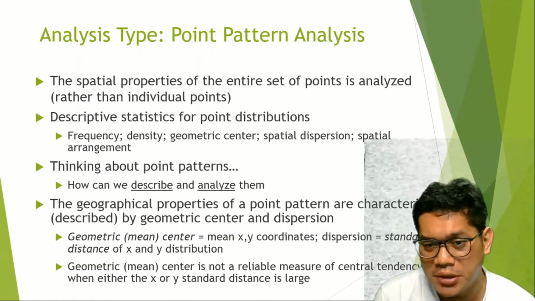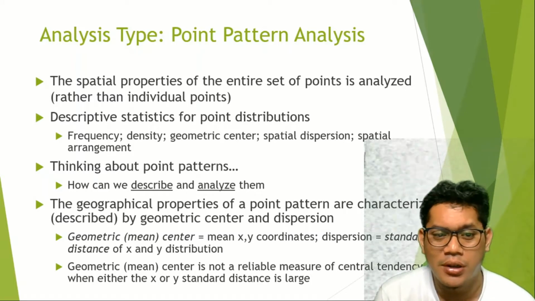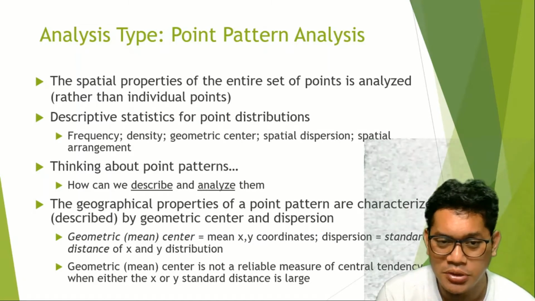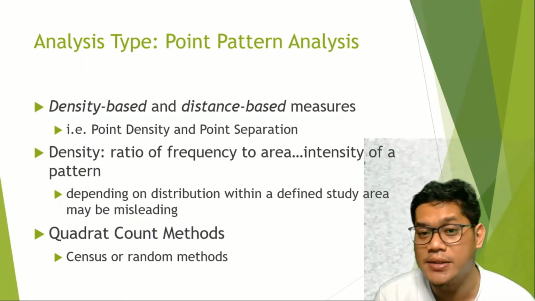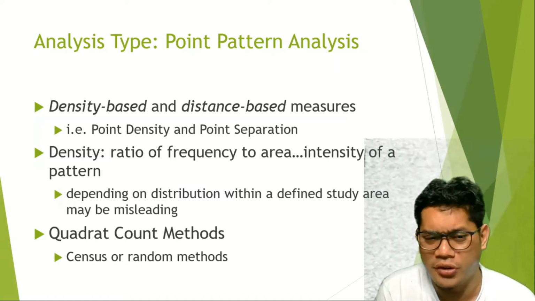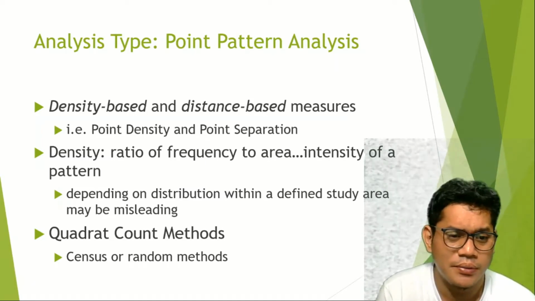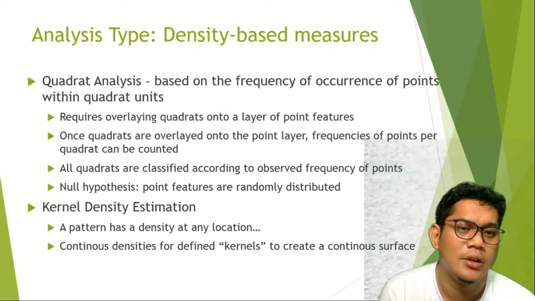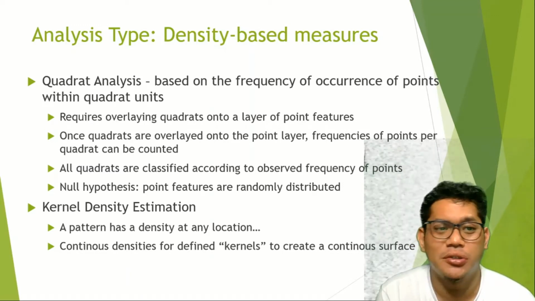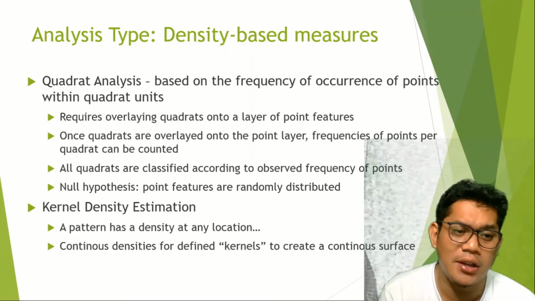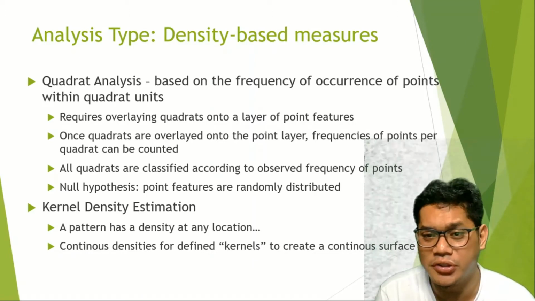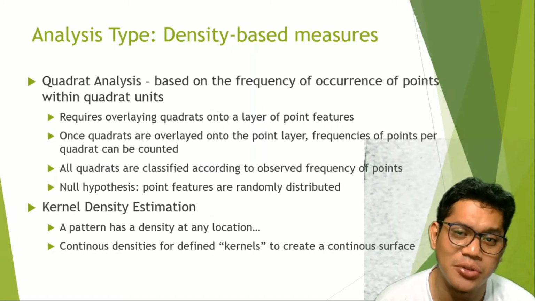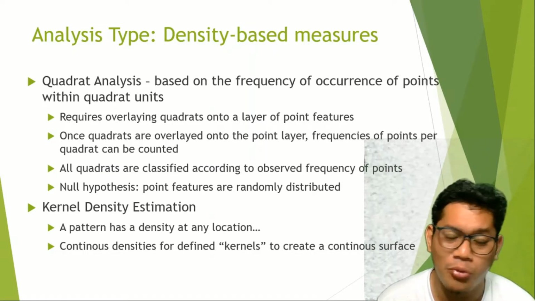Some descriptive statistics can be determined, and you can also come up with characteristics such as the geometric center and distribution, as well as density-based and distance-based measurements, ratio of frequency, and quadrat counts of random methods for the points. For density-based measures, we use either quadrat analysis or kernel density estimation, based on the frequency of recurrence, calculating densities based on the frequency of points relative to one another.